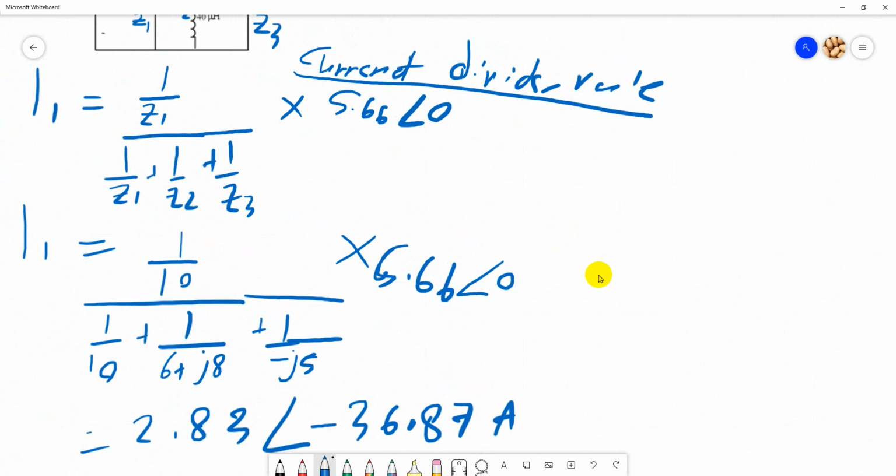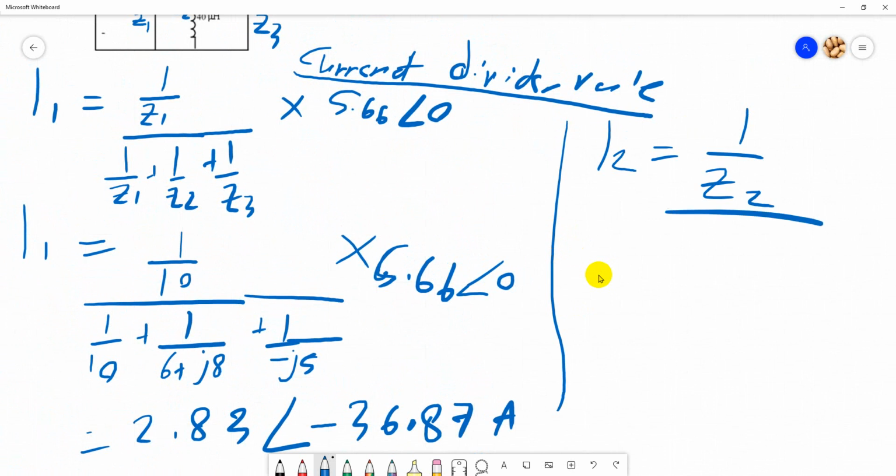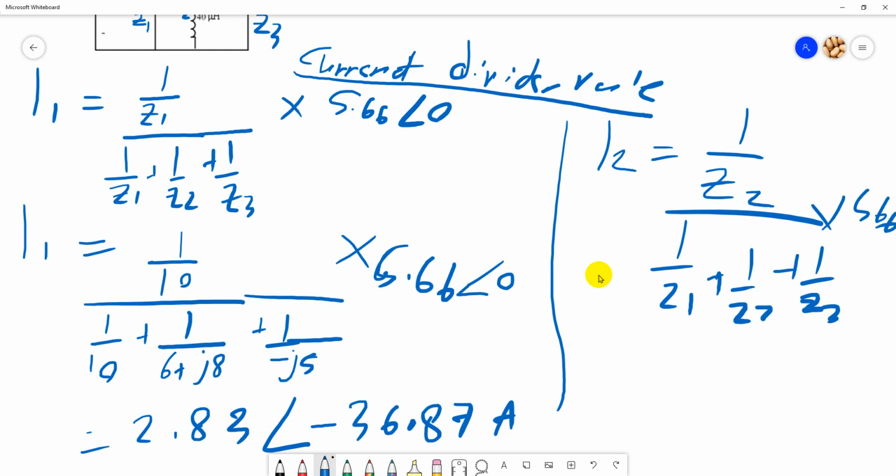For I2, so I2 equals 1 over Z2 divided by 1 over Z1 plus 1 over Z2 plus 1 over Z3, multiplied by 5.66.